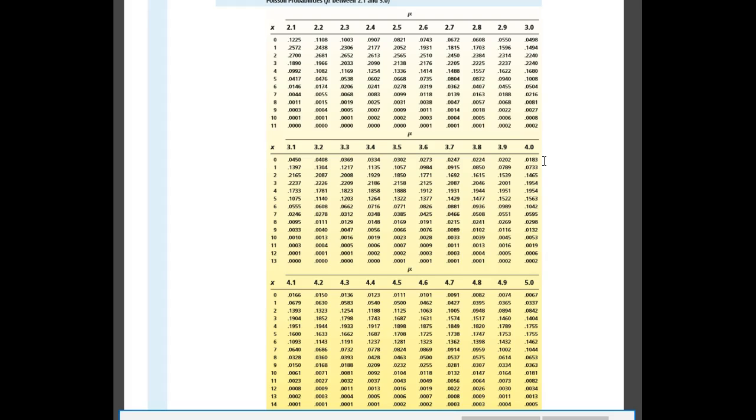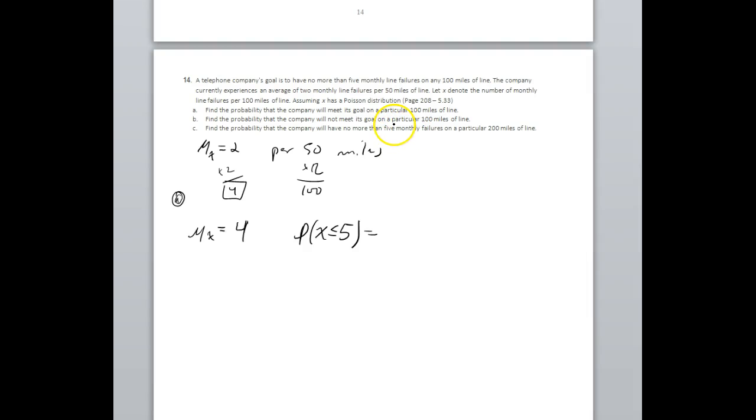So that's going to look like x equals 5 plus x equals 4 plus probability of x equals 3, all the way down to the probability of x equals 0. And then we just add those up. So you guys saw those just on the table. So hopefully you're looking at your table now, but I'm looking at my notes. So I'm just going to write them off of here.